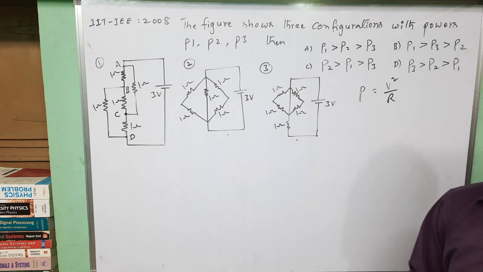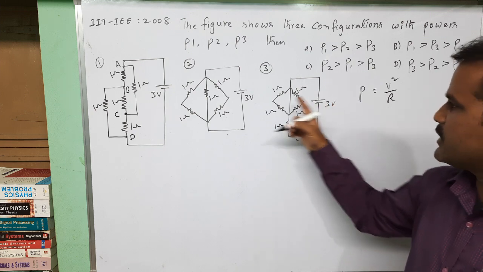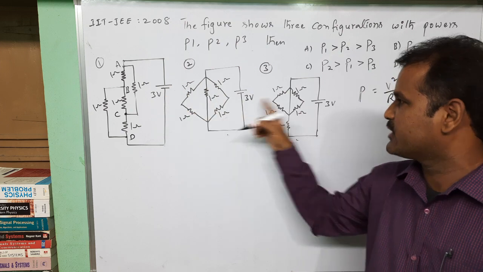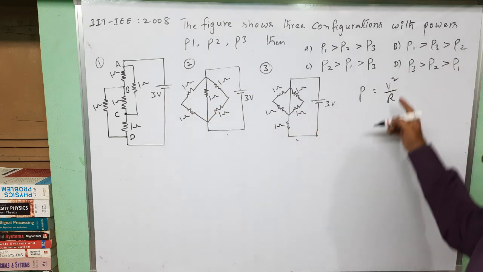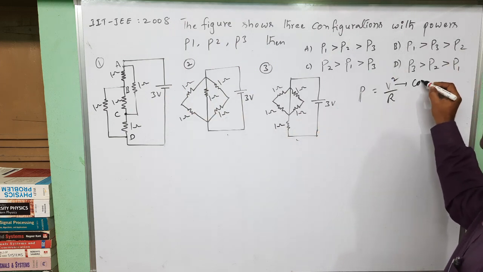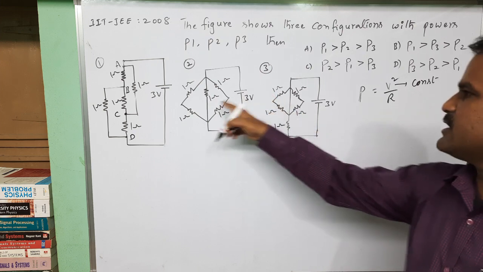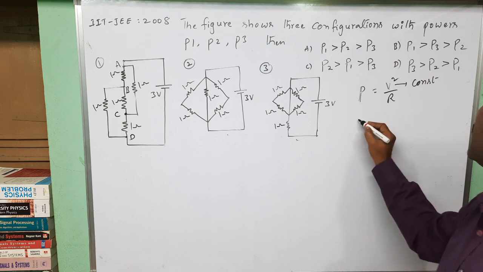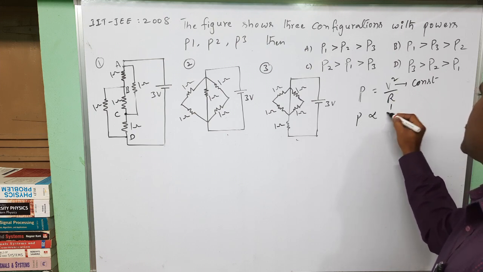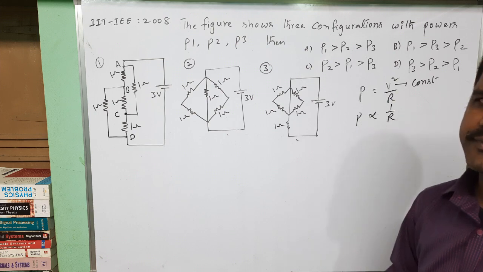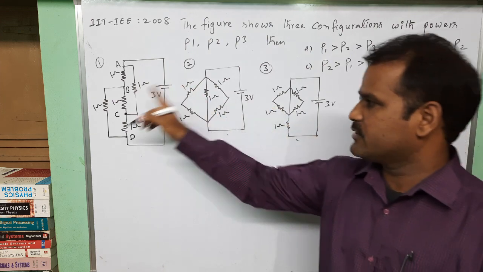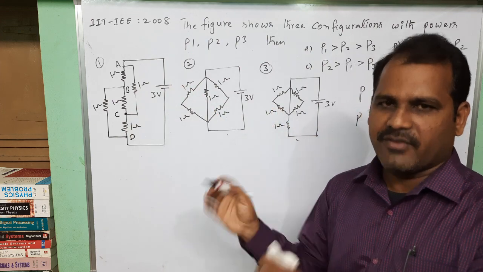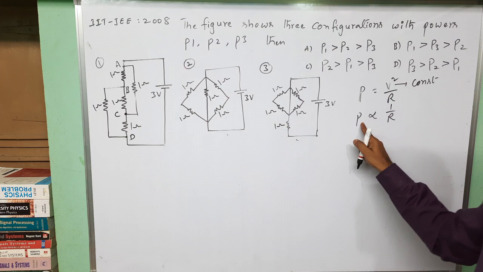All three configurations have the same supply voltage of 3 volts, so V is constant, and as the resistance values change, the corresponding powers also change. That means power is inversely proportional to resistance. If we can find the order of these resistance values, we can reverse the order to find the power order.